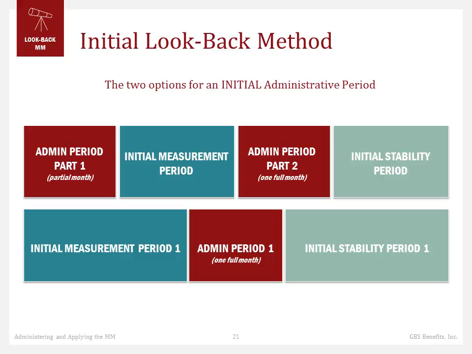And then you would have your initial stability period. Or you could choose to have your administrative period be just sandwiched in between and not have the split. You could just have it the 1 month in between the initial measurement period and the initial stability period. We talk about the pros and cons of this in part 1 of the measurement method seminar.